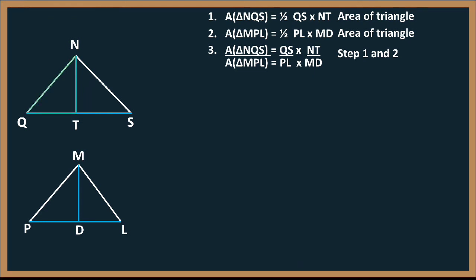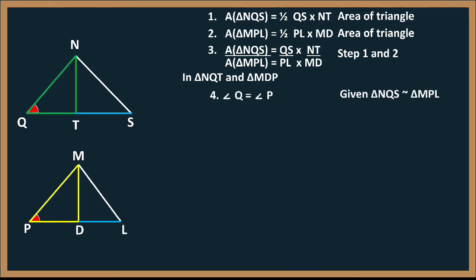Now we will say that in these two triangles, NQT, which is green in color, and MPD, which is yellow in color, this angle Q and angle P are equal.